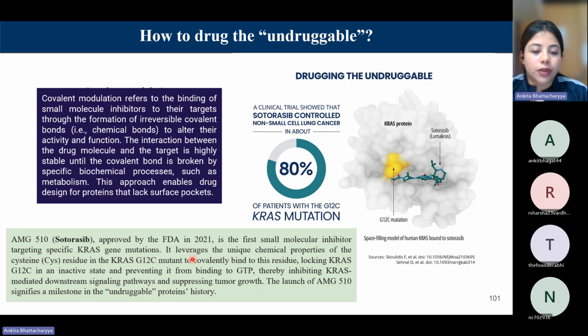What does that do? Because it has covalently bound to this residue, it locks KRAS G12C in an inactive state. As a result, it is not able to bind to GTP, and therefore all the downstream signaling pathways would be shut down. Just for reference, look at this slide.